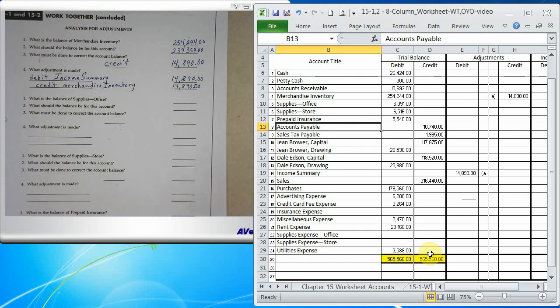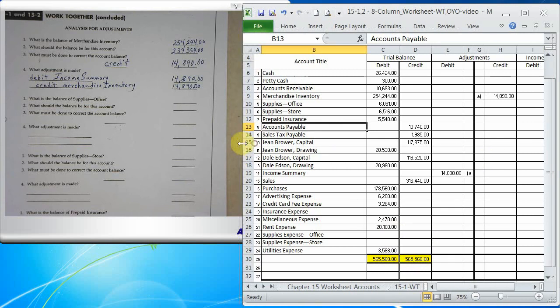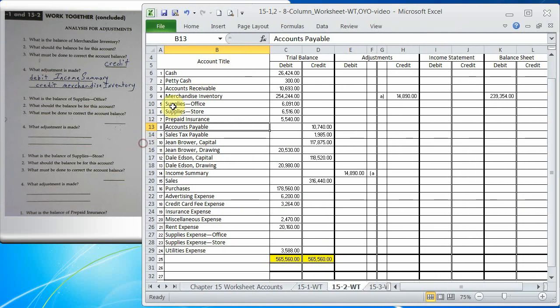So after that, we did the adjustment for merchandise inventory. What we did was we had the merchandise inventory start out at $254,244. After they did the inventory and valued everything, their value for the final inventory as of December 31st was $239,354.